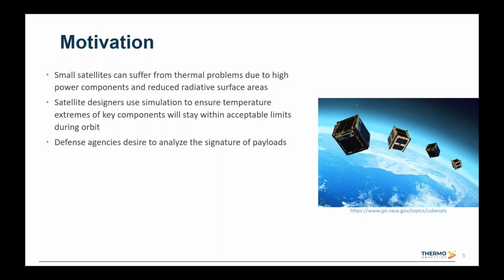And so satellite designers like to use simulation to make sure that the key components in the satellite are going to stay within acceptable temperature limits during the extremes of the orbit. Then going beyond temperature prediction, there are some defense applications as well where the signature of orbiting payloads might be of interest. And so these are some of the different motivations for this type of simulation work.